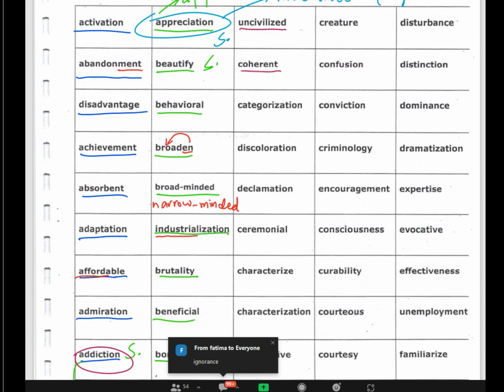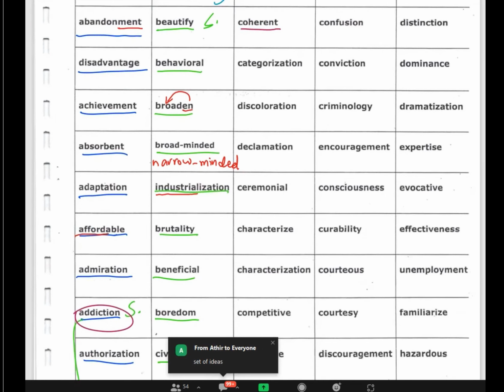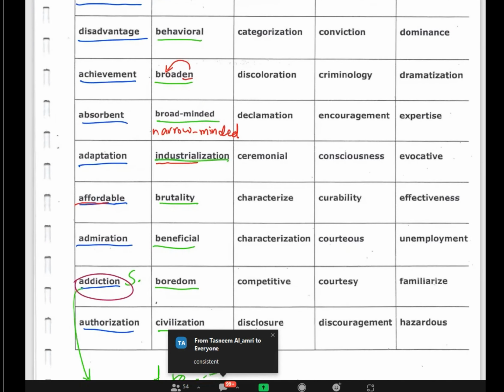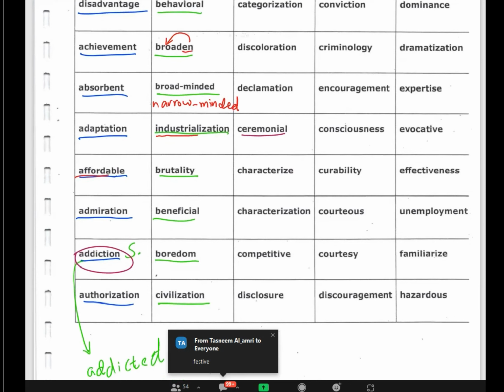Being poor. Coherent. Connected in a good way. Ceremonial. Related to ceremony, very good. And festival, festive.